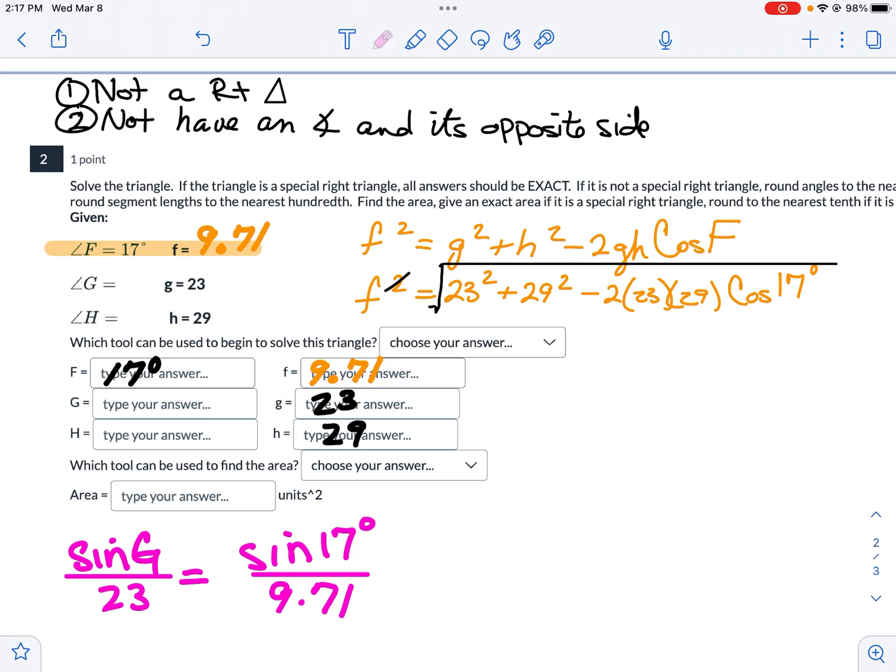And then, of course, the way we're going to type that in our calculator is we're going to take this and put it right there.